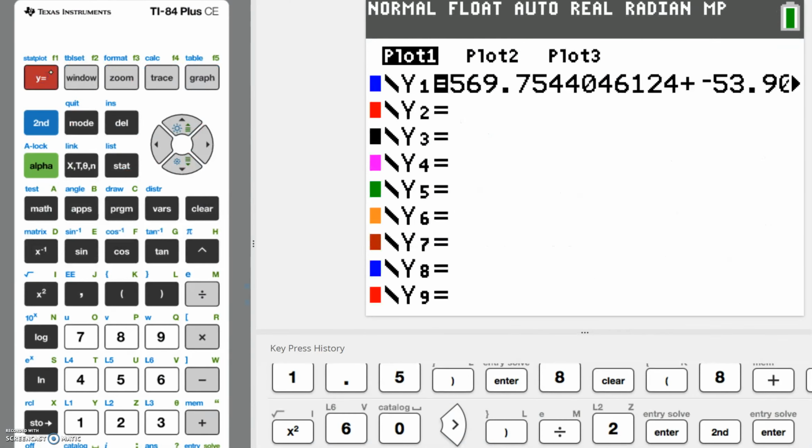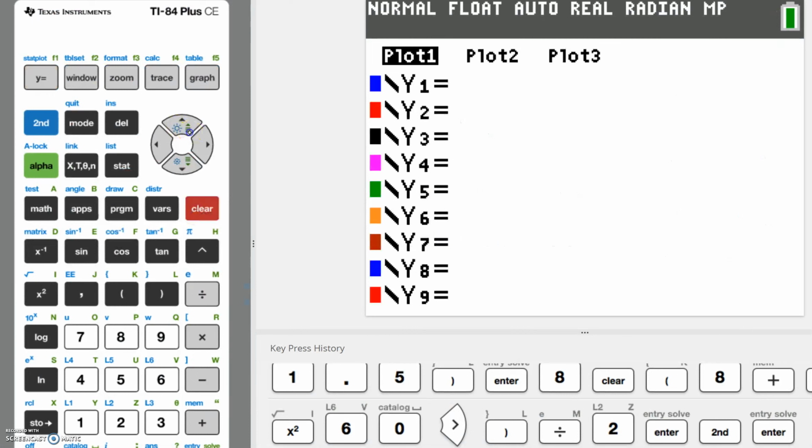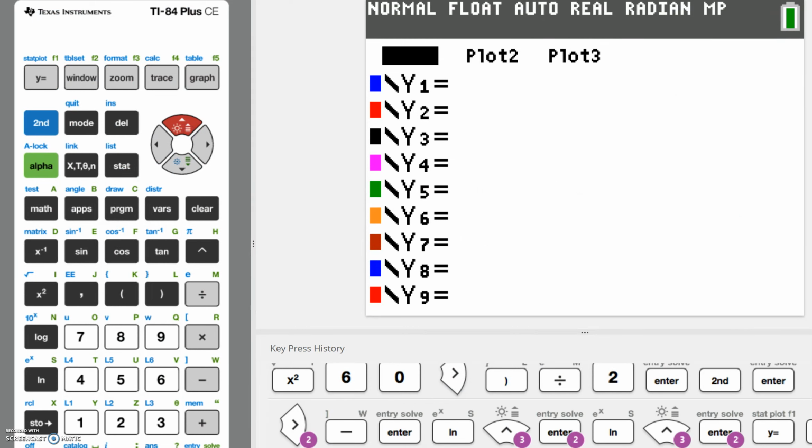So what you would do is go into your y equals. I'm going to make sure up here at the top that I turn off my plot. You just go up there and highlight the plot that's on and hit enter to turn it off. A lot of times people come up to me and can't figure out what's wrong on their calculator, and it's that one of their plots is on.